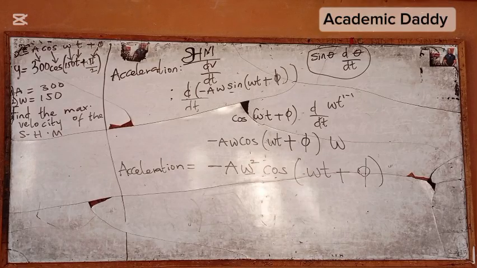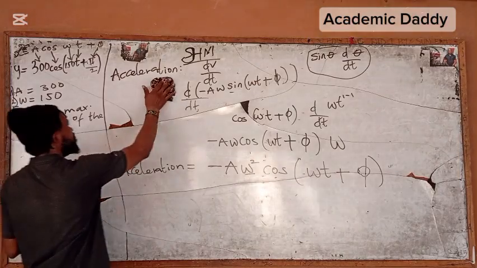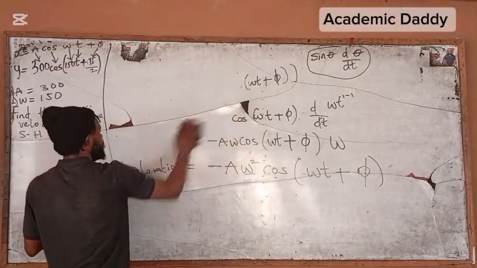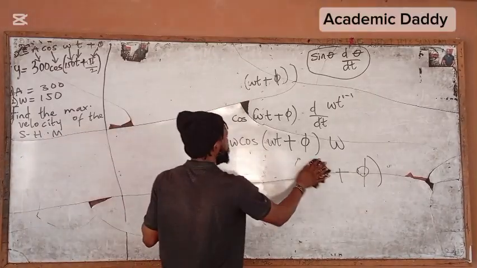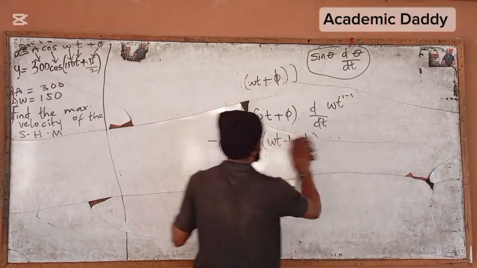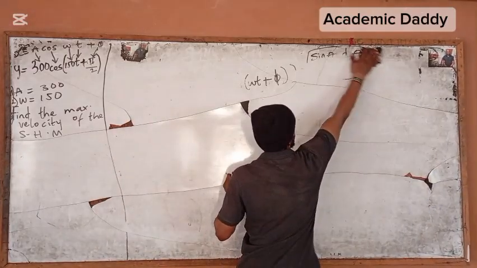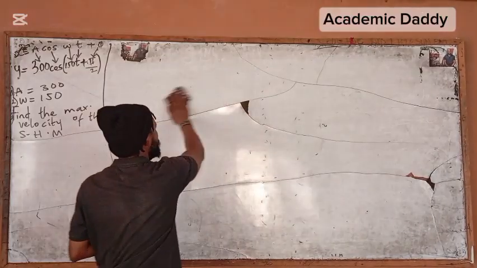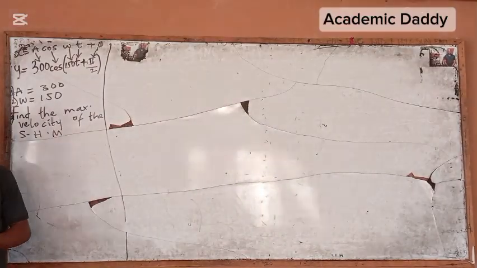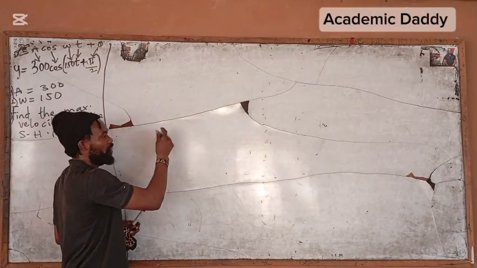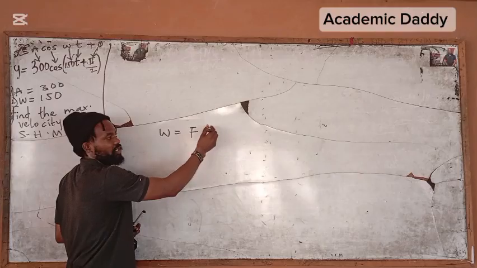For me to derive the maximum velocity of a simple harmonic motion, I need to remember, please, we need to note that work is equal to force times displacement.